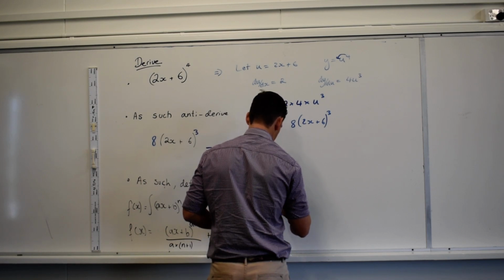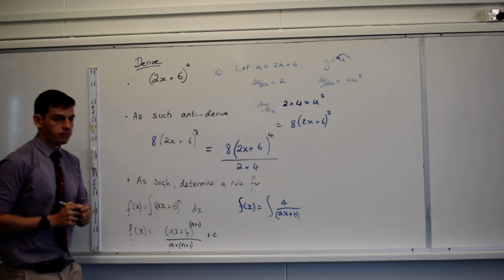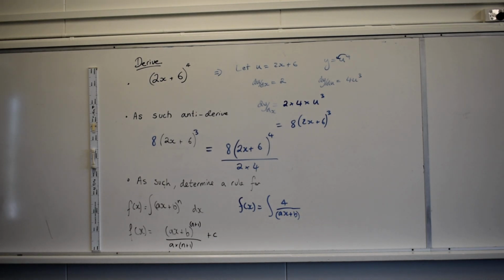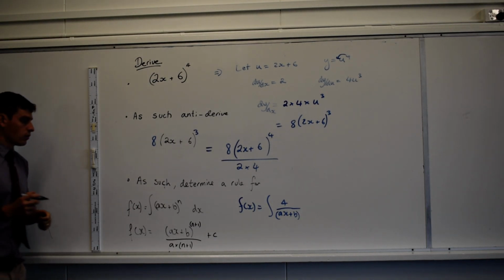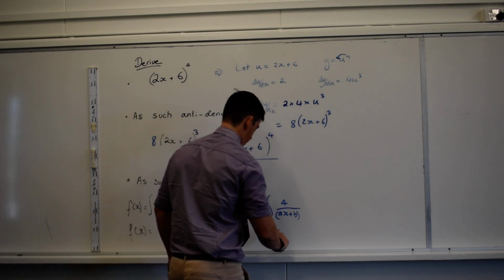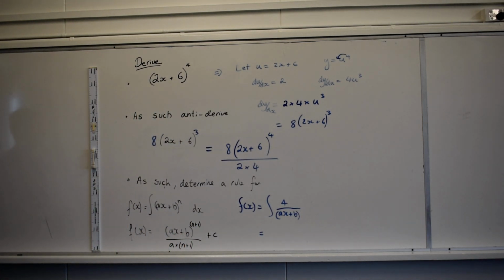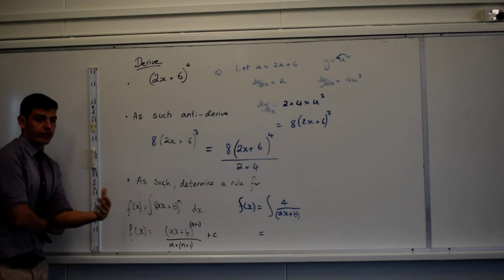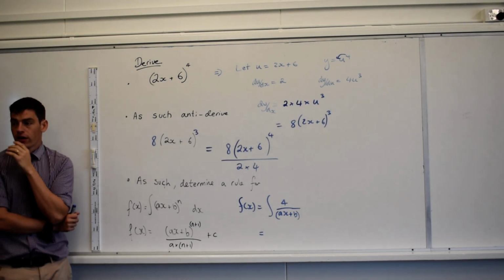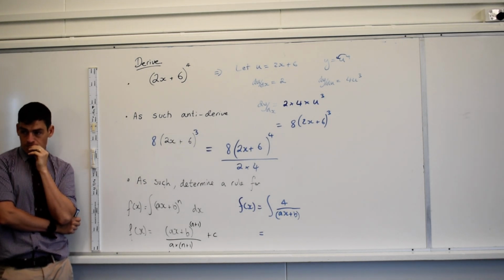It doesn't matter what the number is, I can make that 4, doesn't matter. What's that going to equal? What's the power? -1, correct? So if it was -2, it still works. Why doesn't it work for -1?